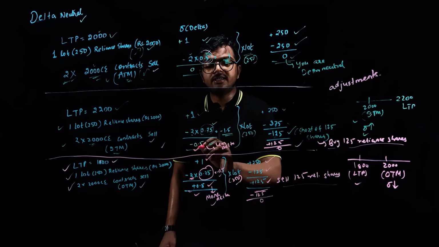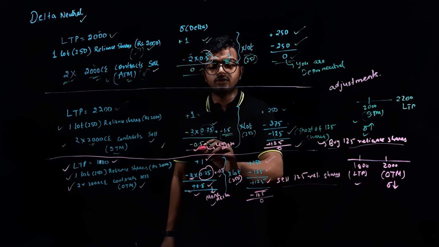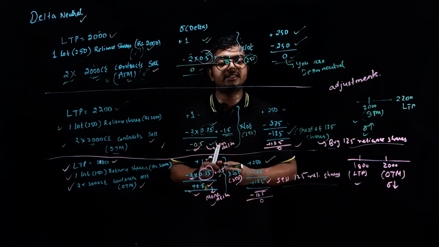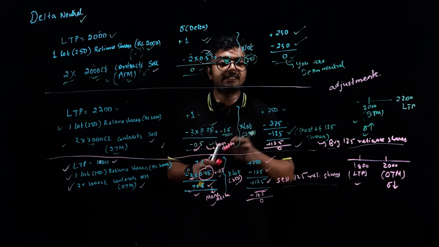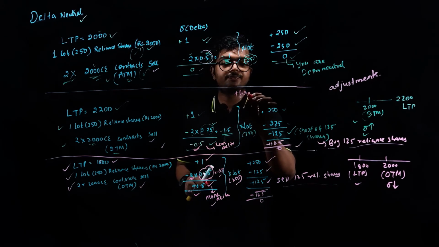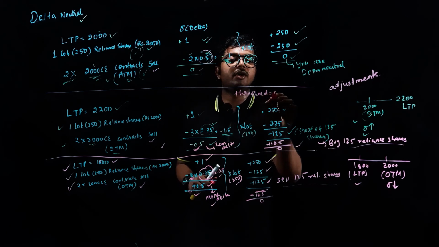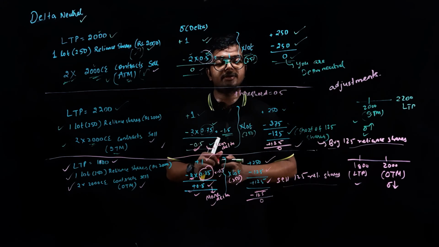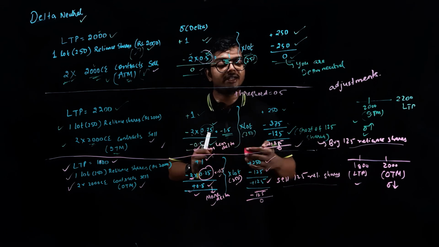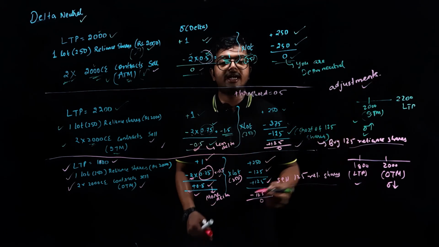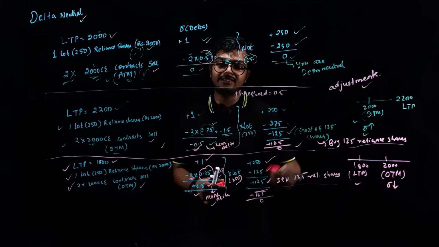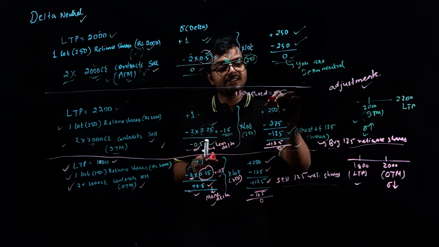So say for example here initially delta was 0, now the delta is minus 0.5, so it changed by 0.5, that is the threshold, right? Threshold was in our case 0.5, right? So after the 0.5 change in delta, I adjusted the things, or I did adjustments. So in your case you can change this threshold.